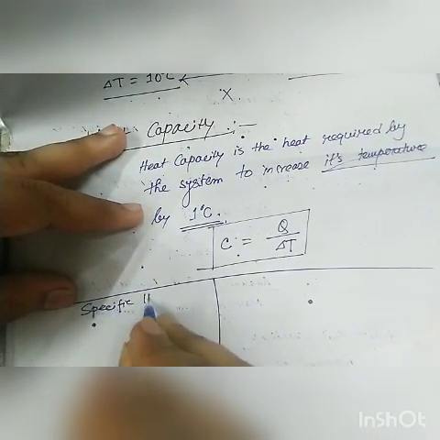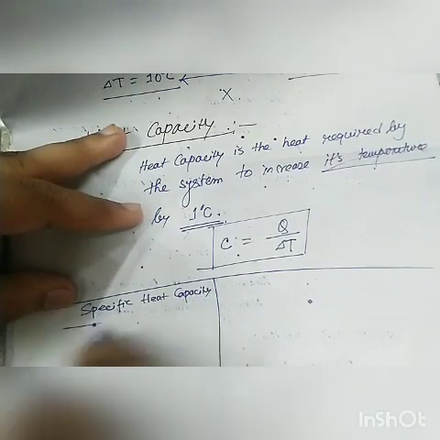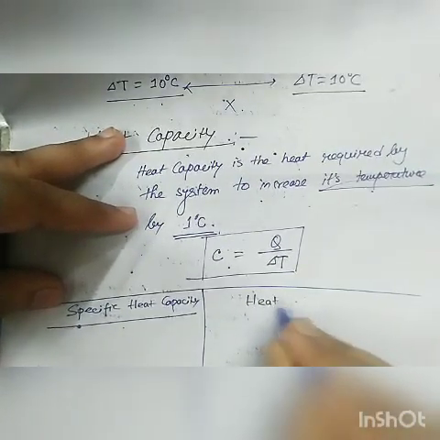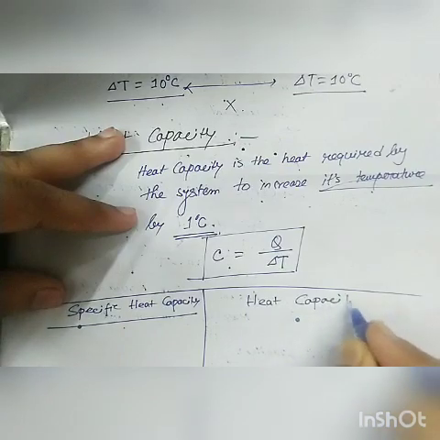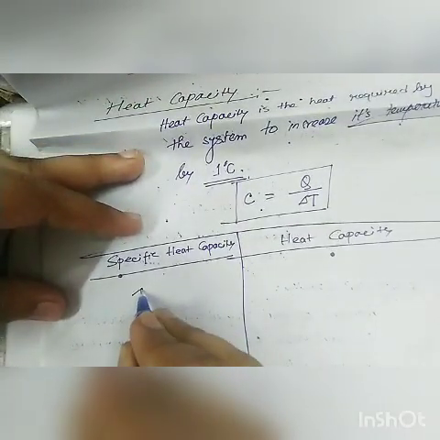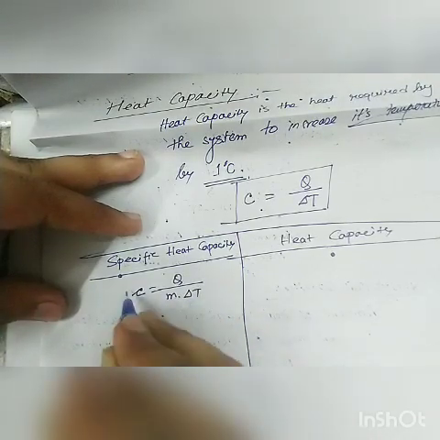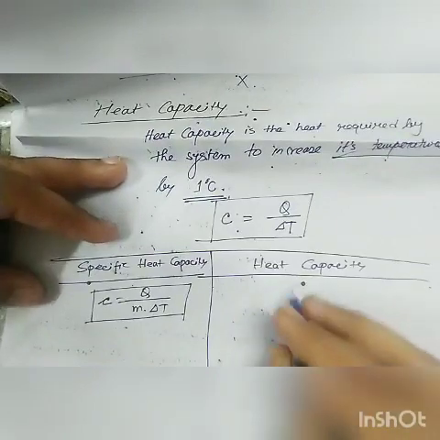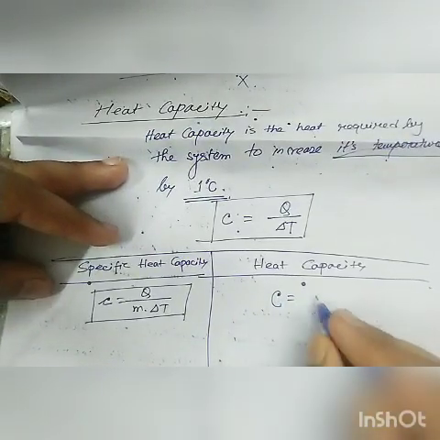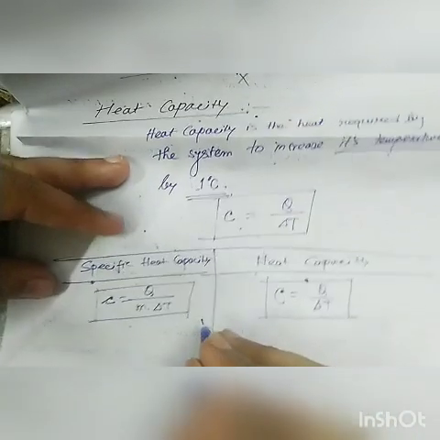Specific heat capacity, and on this side we get heat capacity. Clear? Specific heat capacity is small c, Q by m into delta T. Heat capacity is capital C representation and Q by delta T. Clear? These are the differences in the equations.